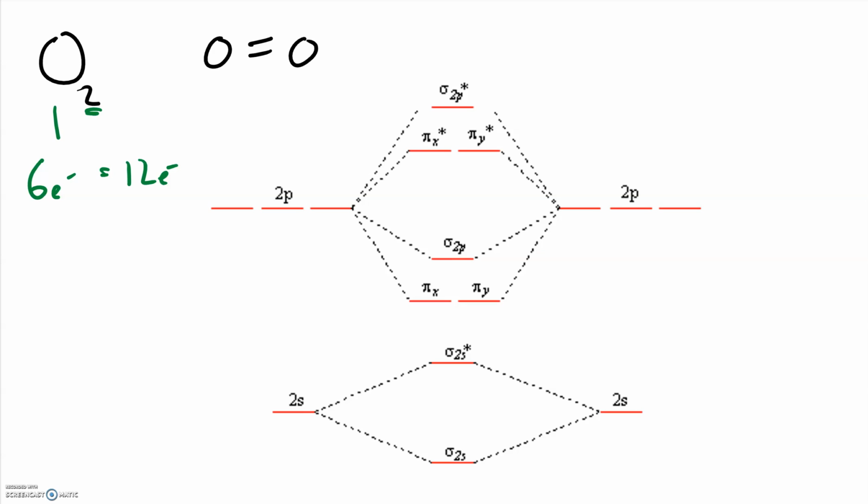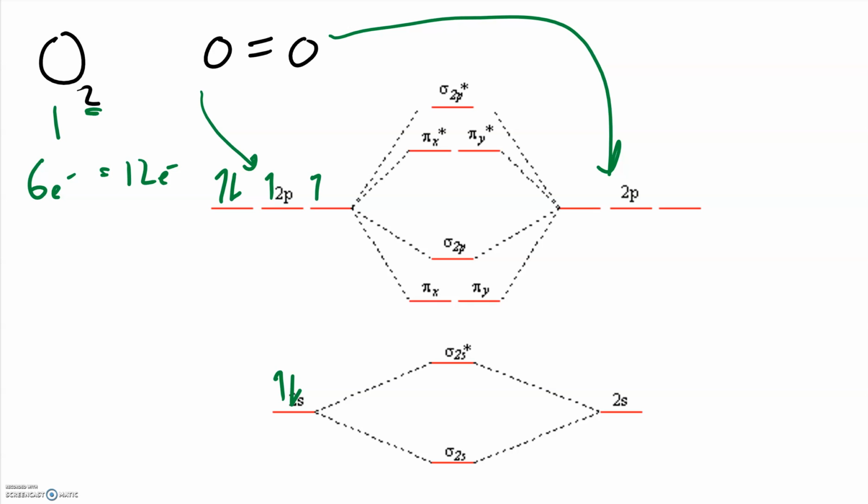So we're going to put the valence electrons from one oxygen on this side and the other on this side. They each have the electron configuration 2s2, 2p4, and when we combine them, we'll use Hund's rule.